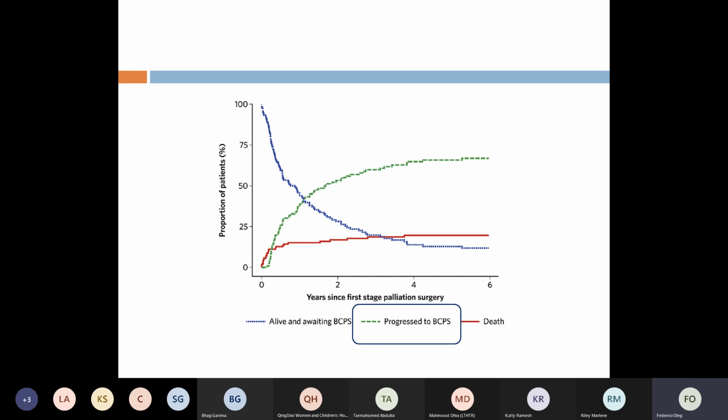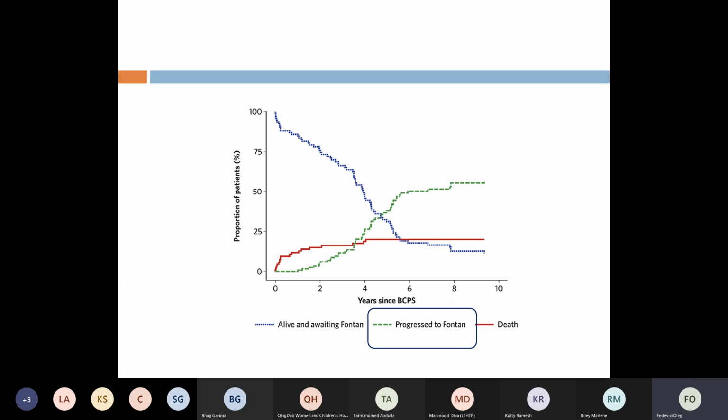About another 60% of those patients who got Glenn, plus these 6 patients with primary Fontan, progressed to Fontan.